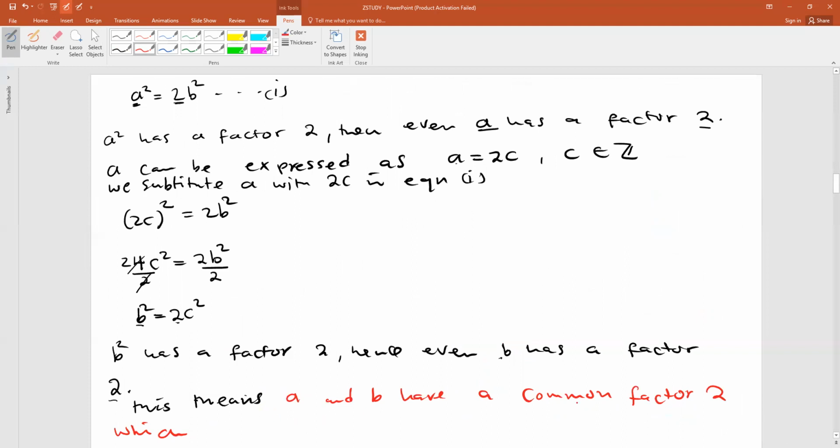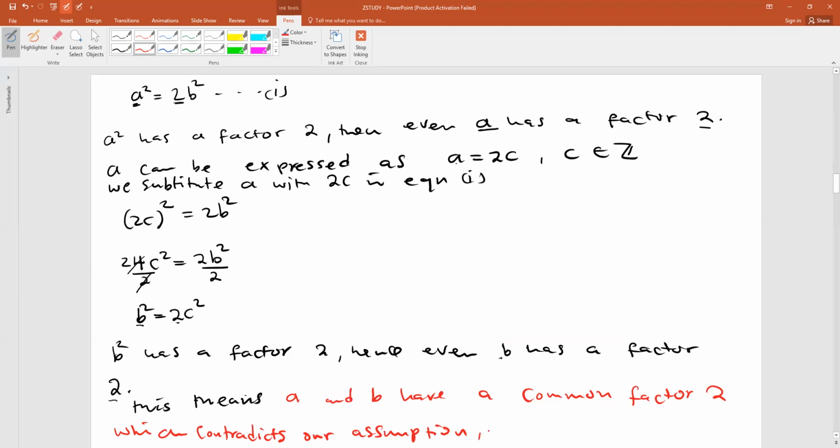This means a and b have a factor 2, which contradicts our assumption that this square root of 2 can be expressed as a over b.